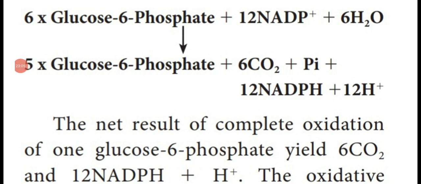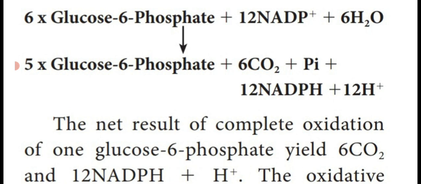Dear students, see the overall reaction of the pentose phosphate pathway. 6 molecules of 6 carbon compound glucose 6-phosphate in the presence of 12 NADP plus 12 molecules of water produce 6 molecules of 5 carbon compound ribulose 5-phosphate and release 6 molecules of carbon dioxide and inorganic phosphate.